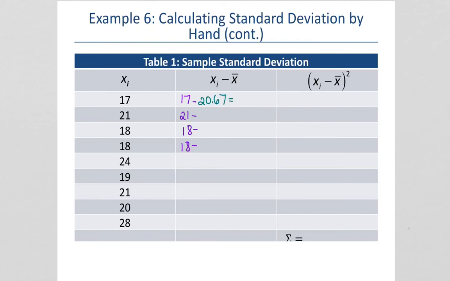And when we do that, we get a number for each one. This first one is negative 3.67. The second one, when we subtract, we get 0.33. And we go through and we do this for the entire data set.